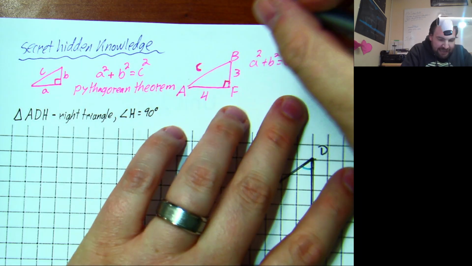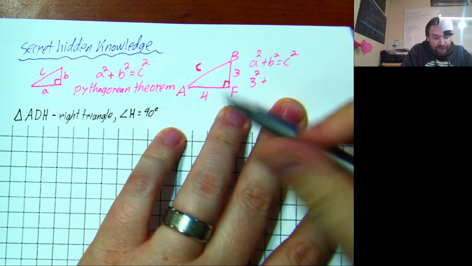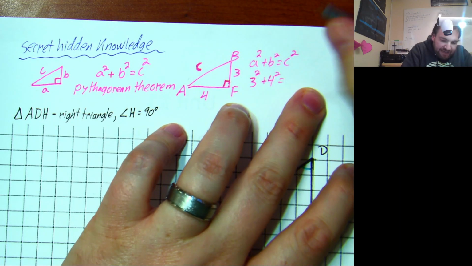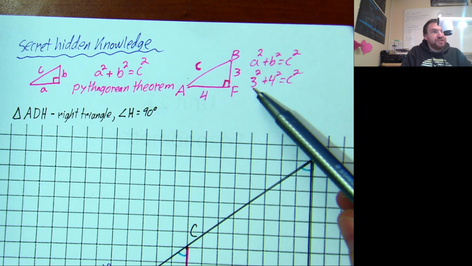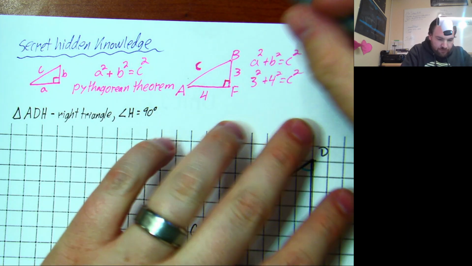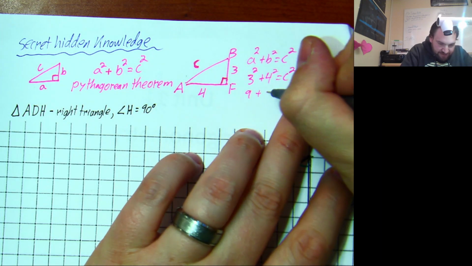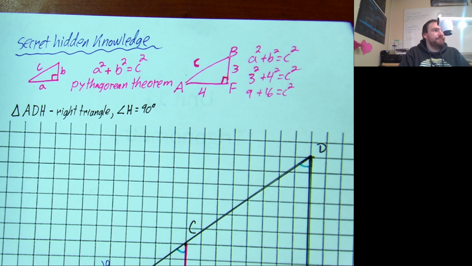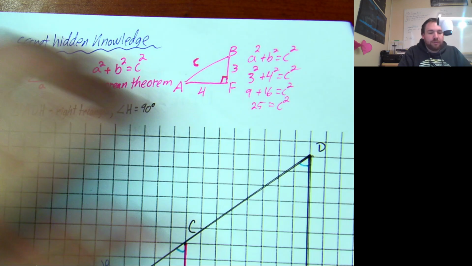So little a squared is 3 squared plus little b, 4 squared, and that's going to equal c squared. What is 3 squared? 9. What is 4 squared? 16. What is 9 plus 16? So 25 is going to equal c squared.